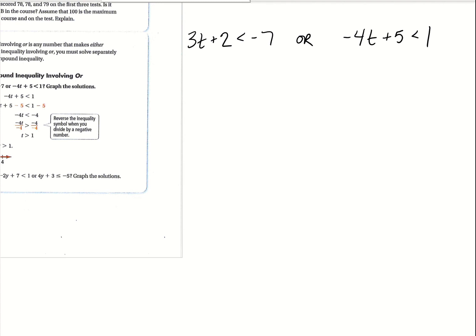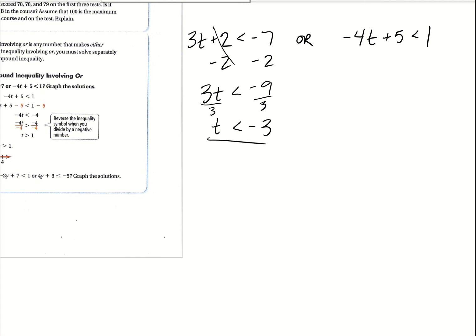Same as if it was an equation, we are going to try to isolate the variables. So we'll have 3t is less than -9. Divide both sides by 3. We have t is less than -3. So there's one side.